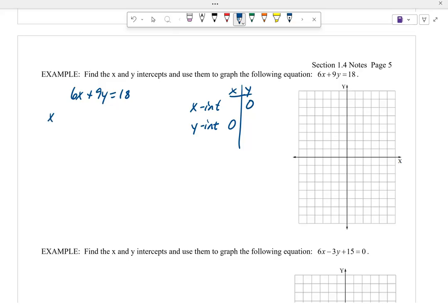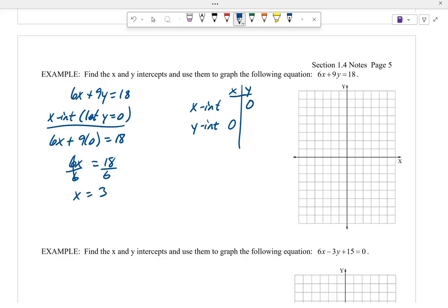So let's find our x-intercept by letting y be 0. 6x plus 9 times 0 equals 18. So I got 6x plus 0, that's just 6x equals 18. I divide both sides by 6. It looks like our x-intercept is 3. So 3 comma 0 is our first point on this line.